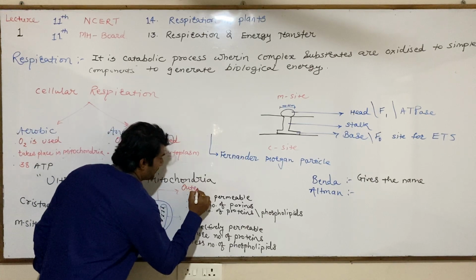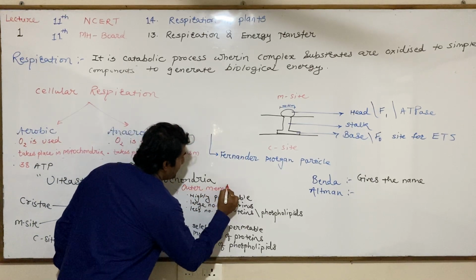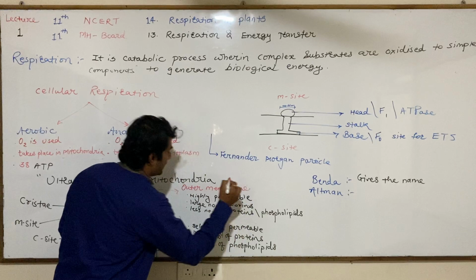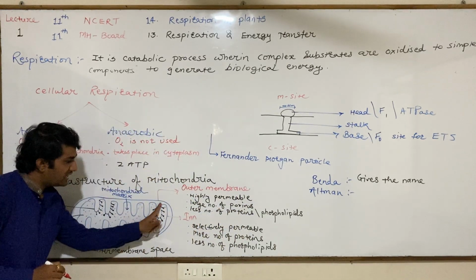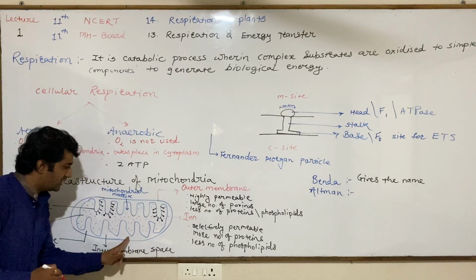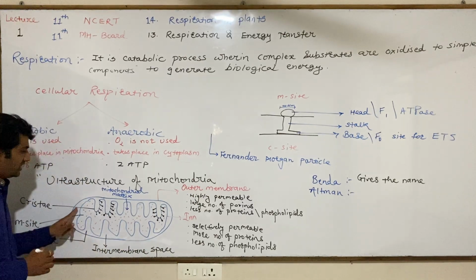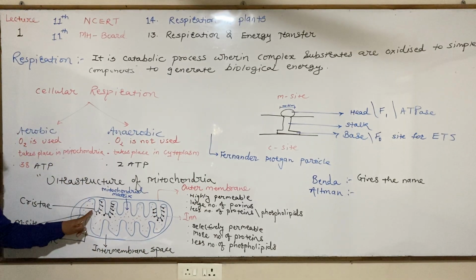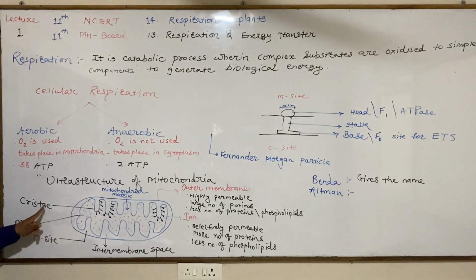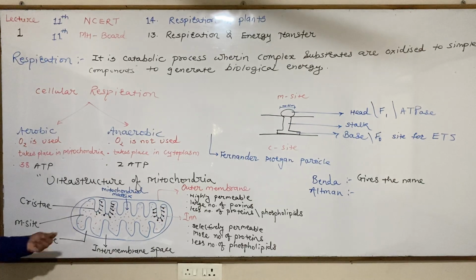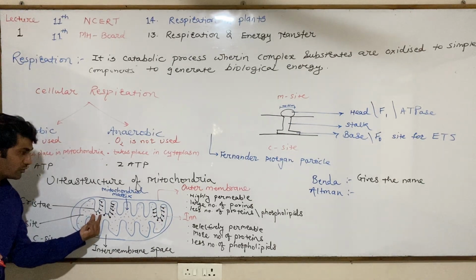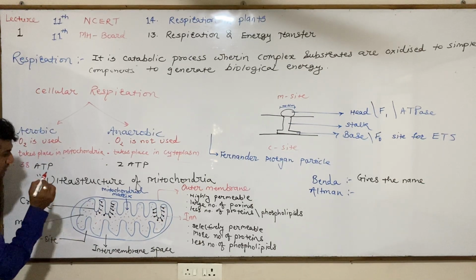The inner membrane is selectively permeable and has many infoldings, which are called cristae. On the inner side of the cristae, there are small particles known as F1 particles or oxysomes.